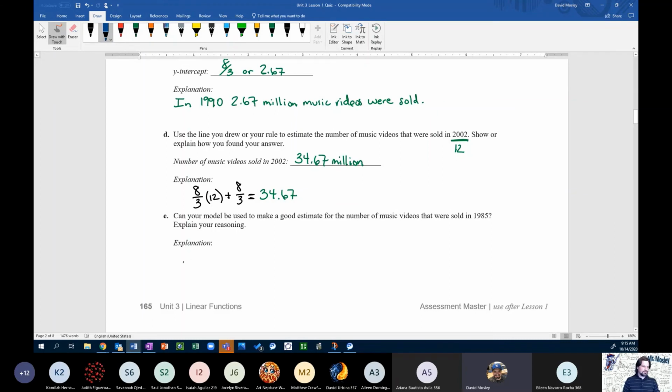All right. So this model would result in a negative number.